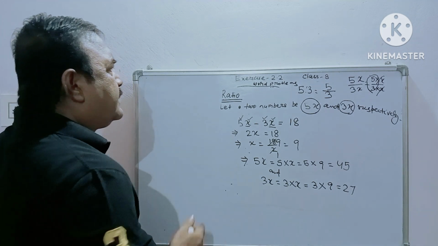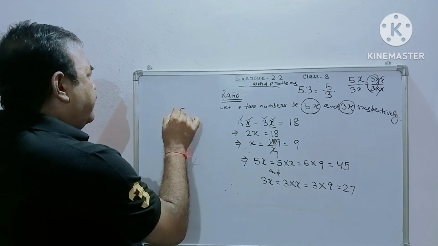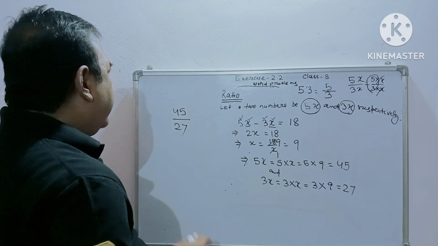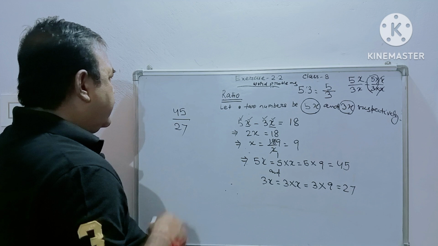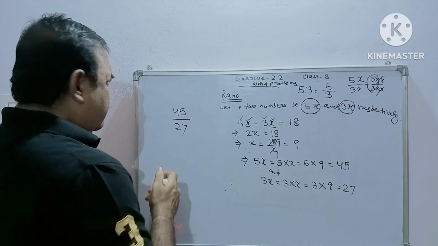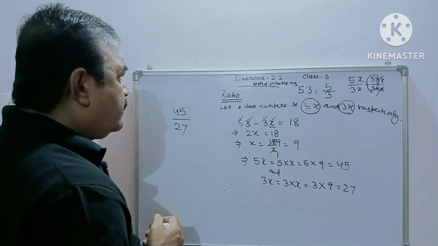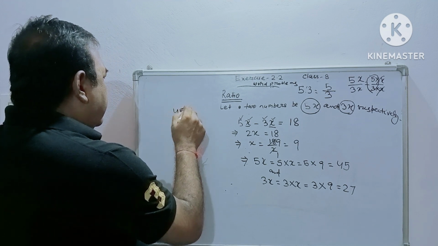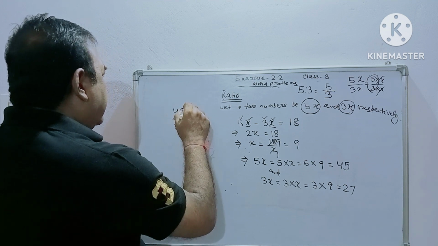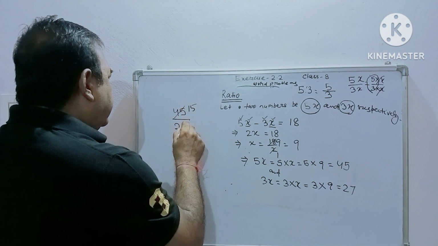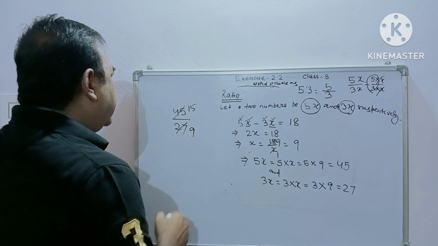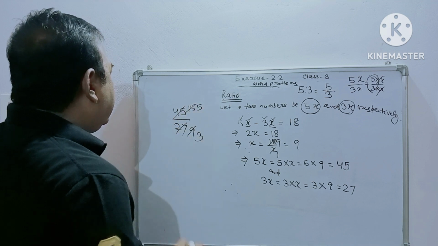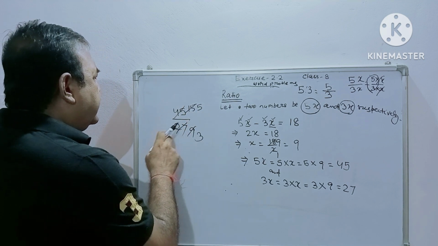You may check like this: you see 45 upon 27. By the common factor you divide both the numerator and the denominator. 9 fives are 45, 9 threes are 27.